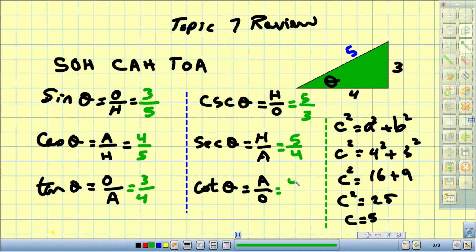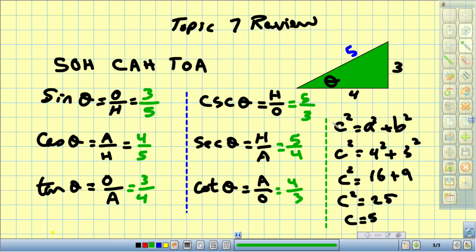Got 4 over 3. Okay, so in a nutshell, out of a simple triangle, I was able to come up with all 6 trig functions: sine, cosine, tangent, cosecant, secant, and cotangent.